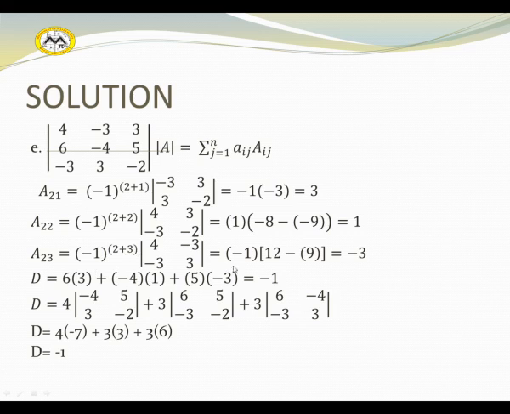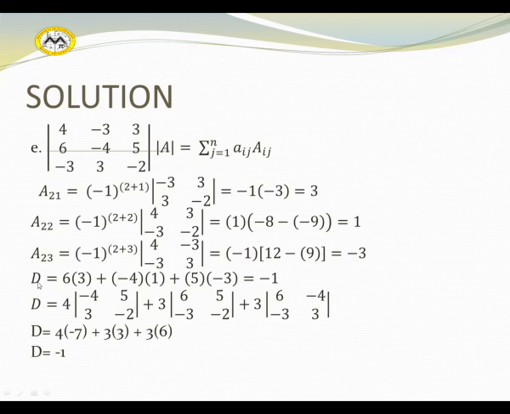Negative 1 raised to 5 is negative 1. Evaluating the minor: 4 times 3 downward is 12, minus the upward negative 3 times negative 3, which is positive 9. So 12 minus 9, the minor is 3, multiplied by negative 1, so the cofactor is negative 3.